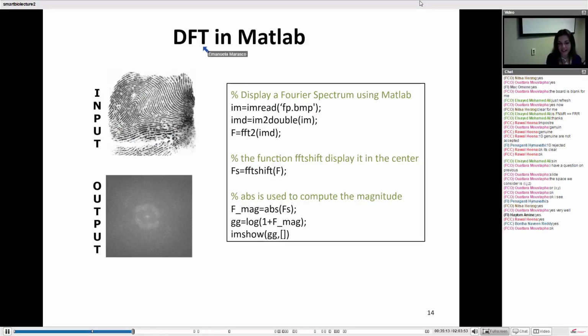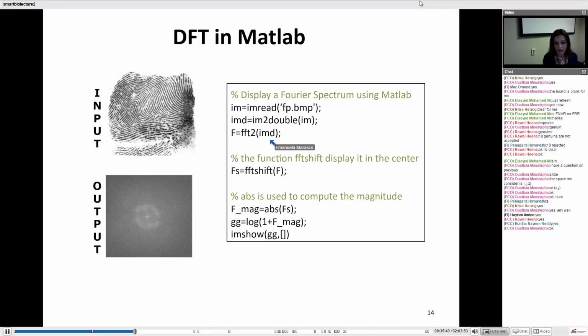So what you can do, this is the input, you can implement the DFT, the discrete Fourier transform, in MATLAB, for example. We have the input image in the spatial domain, in the gray level intensity domain, so for each pixel the gray level value, and here we read this image. This is the MATLAB code to read the image.